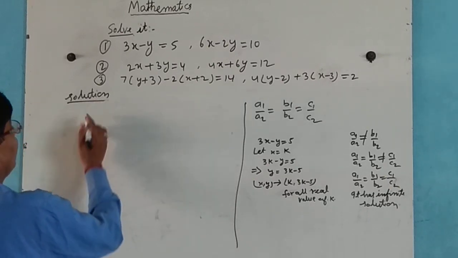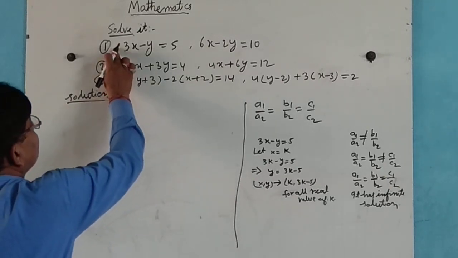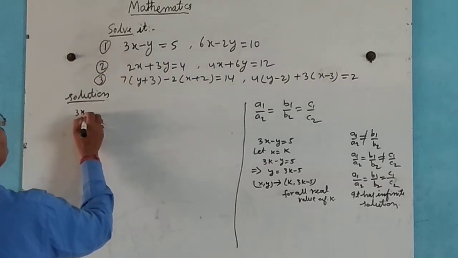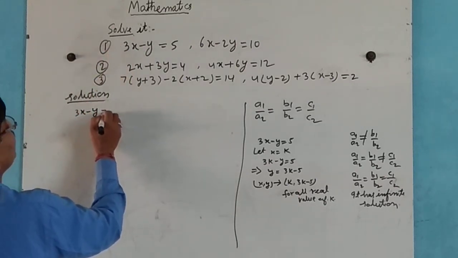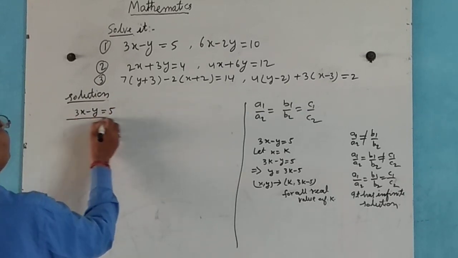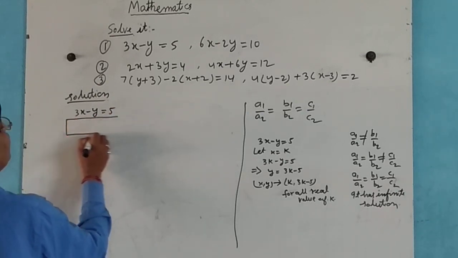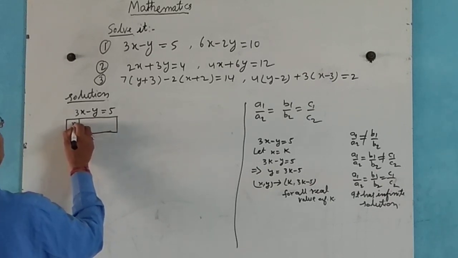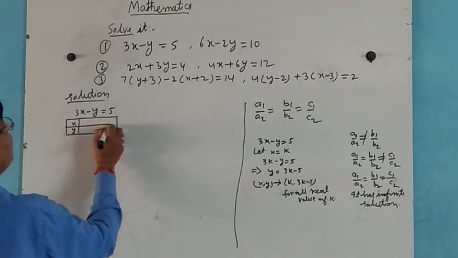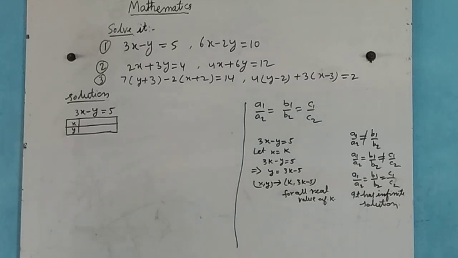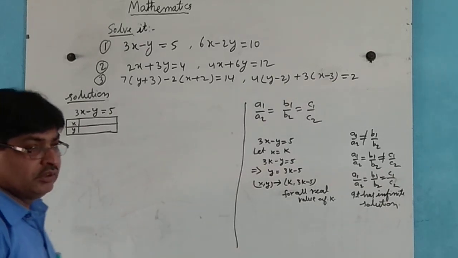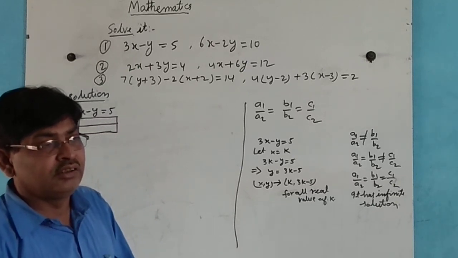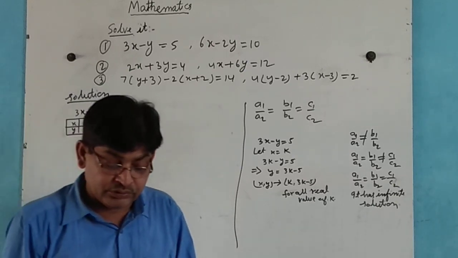We draw the graph of these equations. 3x minus y equal to 5. First obtain two values of x and the corresponding y, that is the coordinates of a point, and draw a line through both points.